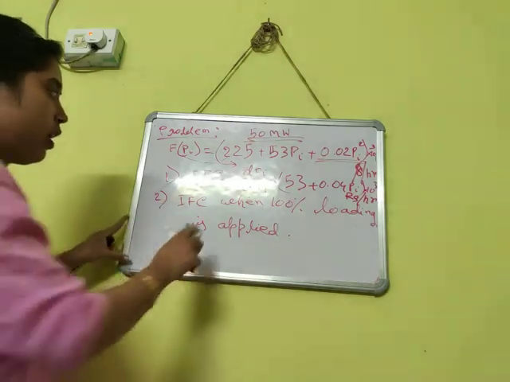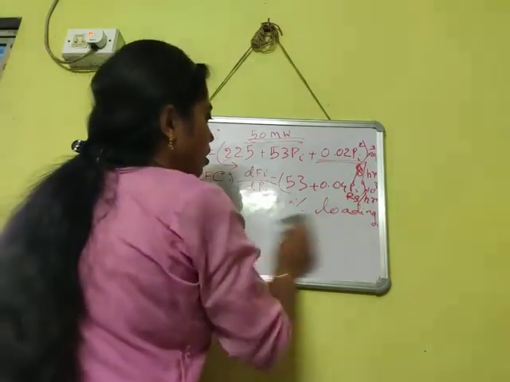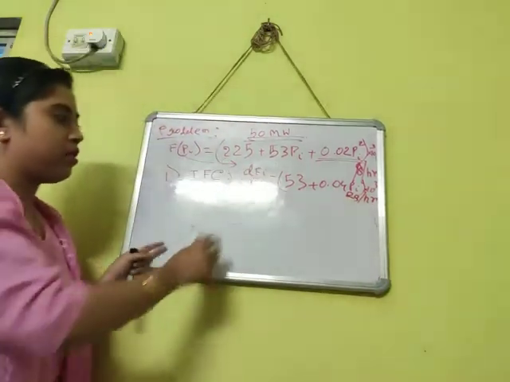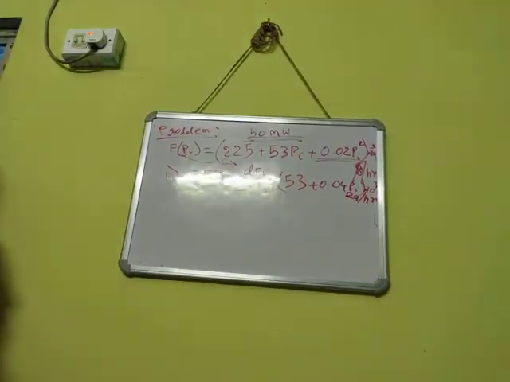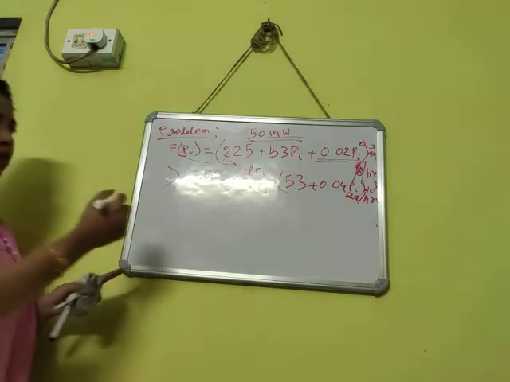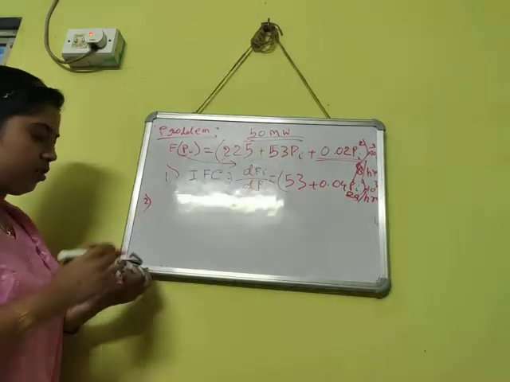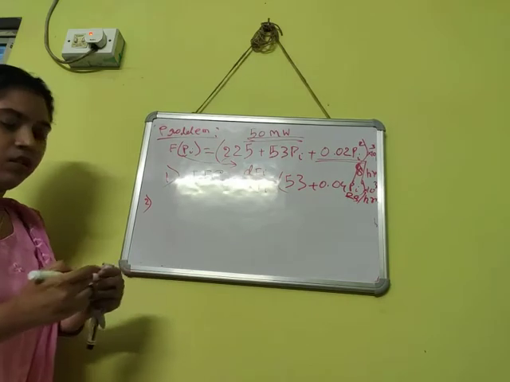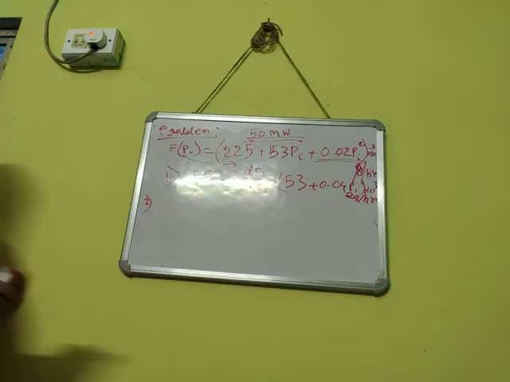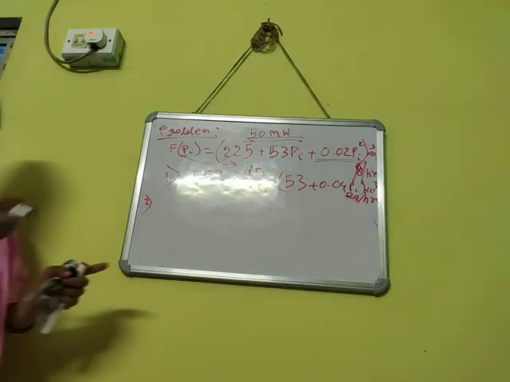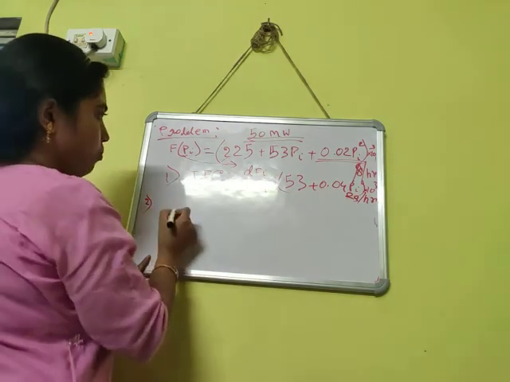Next, move to the next point, IFC when 100% loading is applied. If 100% loading is applied, it means Pi becomes 50.